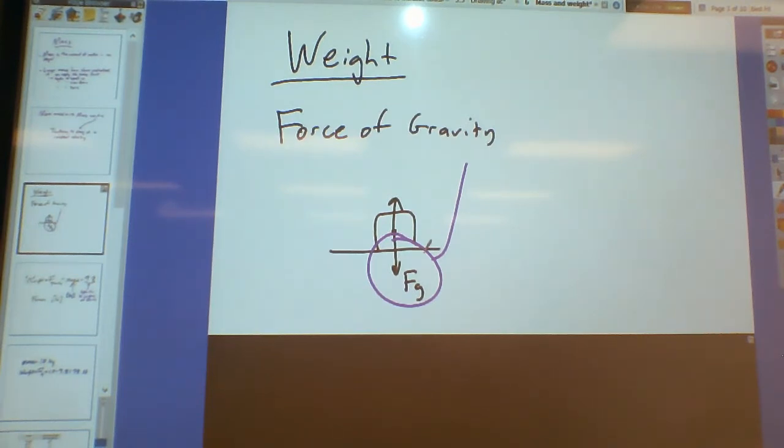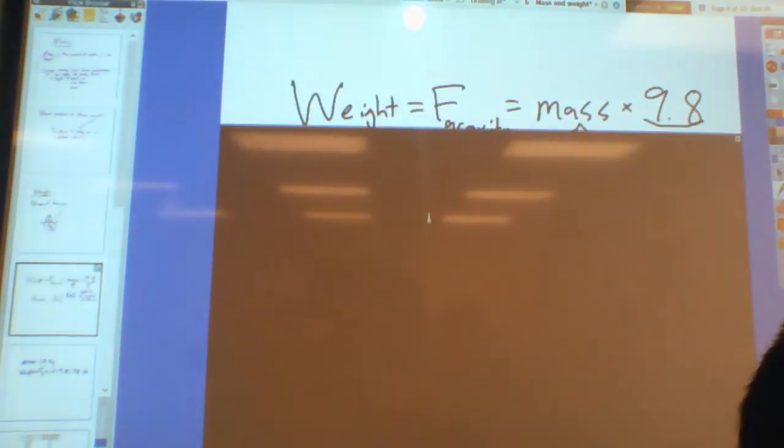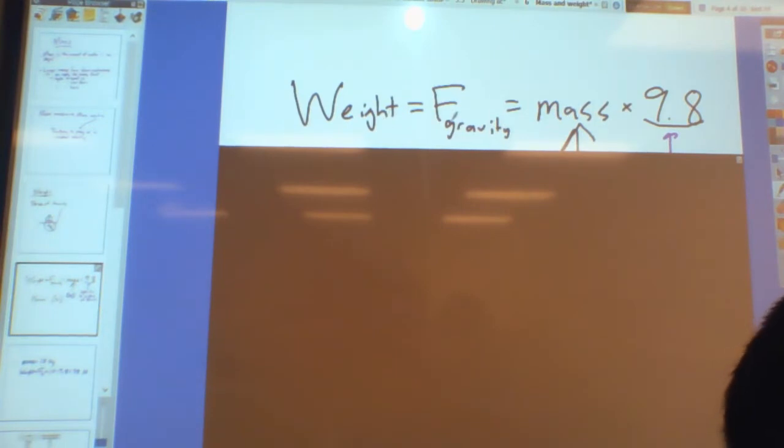Now, I'm going to show you how to calculate weight and thus talk about why people sometimes get weight and mass mixed up. So here is how you calculate weight on the planet Earth. Weight, which is the same as force of gravity, is equal to the mass times this other number. I'll explain what the other number is later.